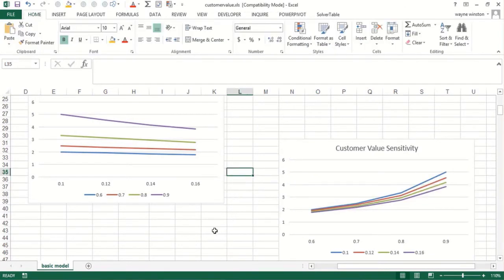Now I see on the x-axis varying the retention rate, and the different curves are for different discount factors. Notice how close these curves are. The discount rate changing doesn't really affect the multiplier much, but you can see each of these curves gets steeper as you move to the right, indicating if you increase that retention rate, 80 to 81% is much more important than going from 70 to 71%.